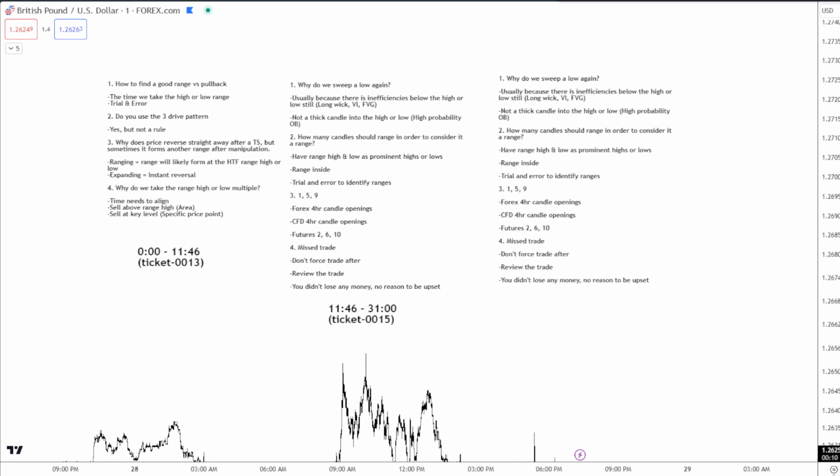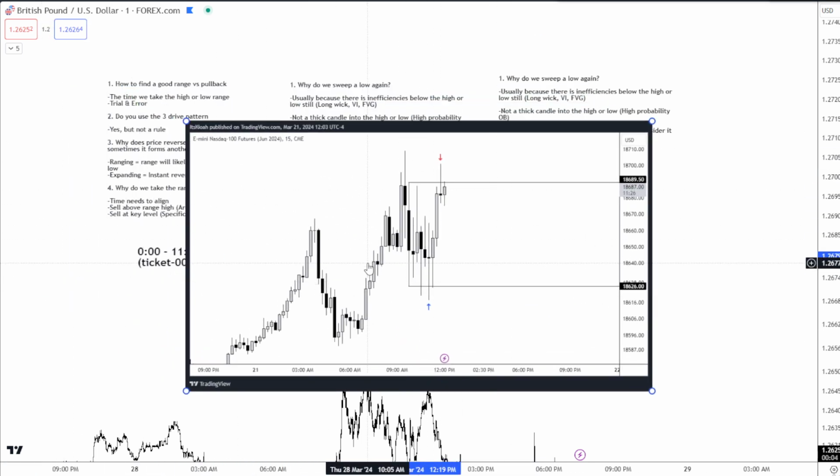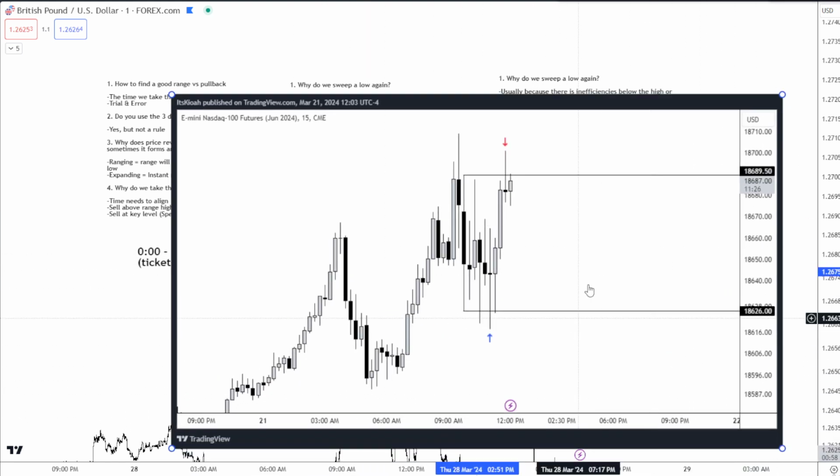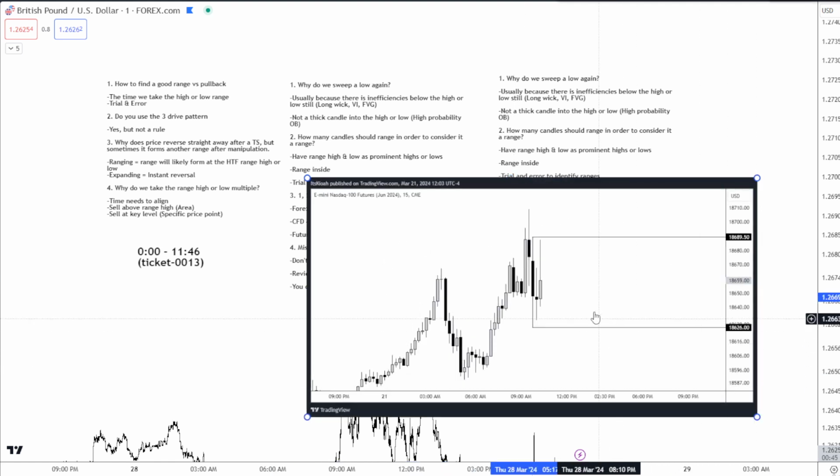Okay, why this range? Right, so there's this one range here. I explained this one in the video. So I just suggest watching the video, right, and viewing it on your own charts. But we have this one candle range here, right, after an expansion, which is where you want to be looking for ranges. And then we get these two candles right after it, right, that don't take out the higher low.